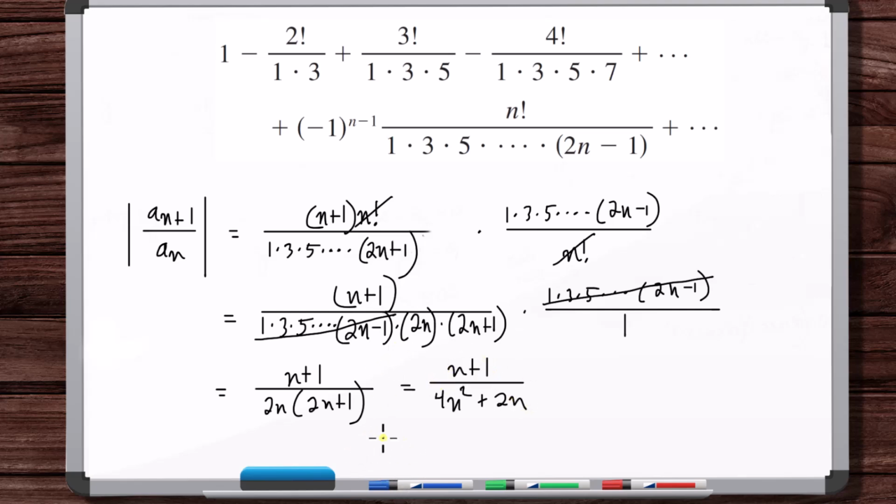There we go. So the limit as n approaches infinity of this is going to go to 0. Right? Because the order of the numerator is higher than the order of the denominator. So this is convergent.